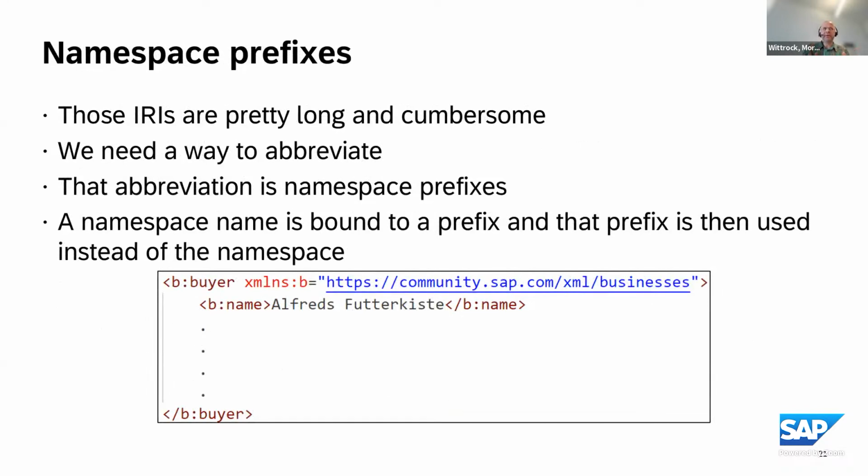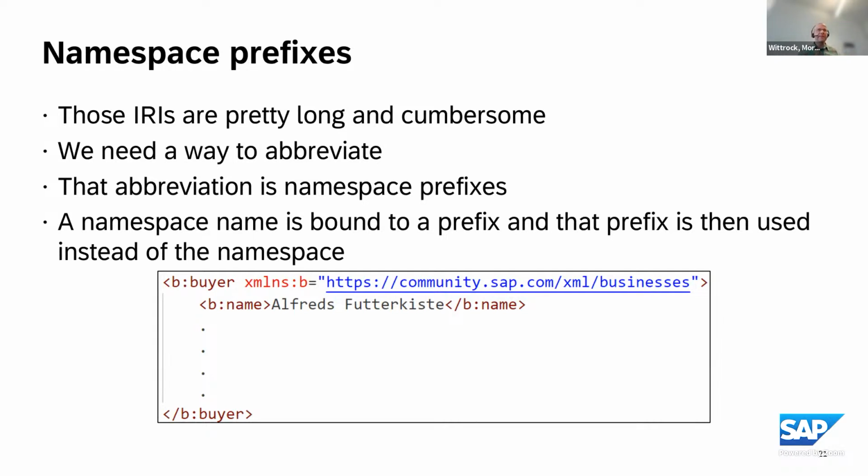So how do we make it operational? Because those IRIs are fairly long and cumbersome. What we do is abbreviate them using namespace prefixes, and this is what you actually see in XML documents.